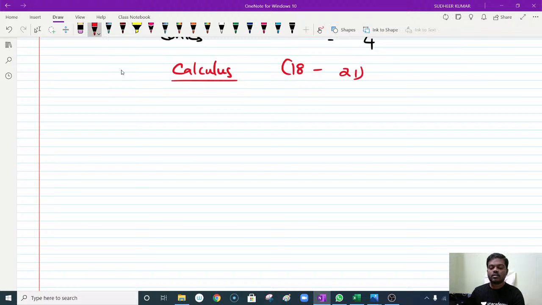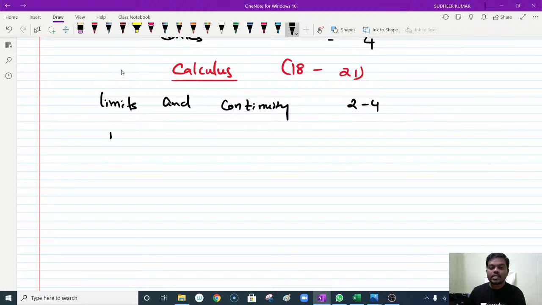So the first one is limits and continuity, 2 to 4 marks.